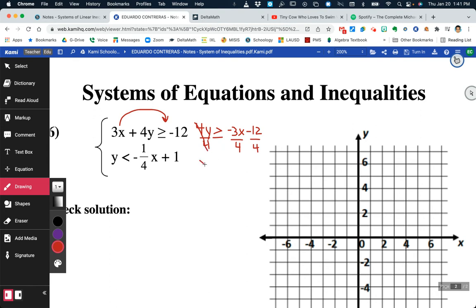And let's get y greater than or equal to negative 3/4 x minus 3.